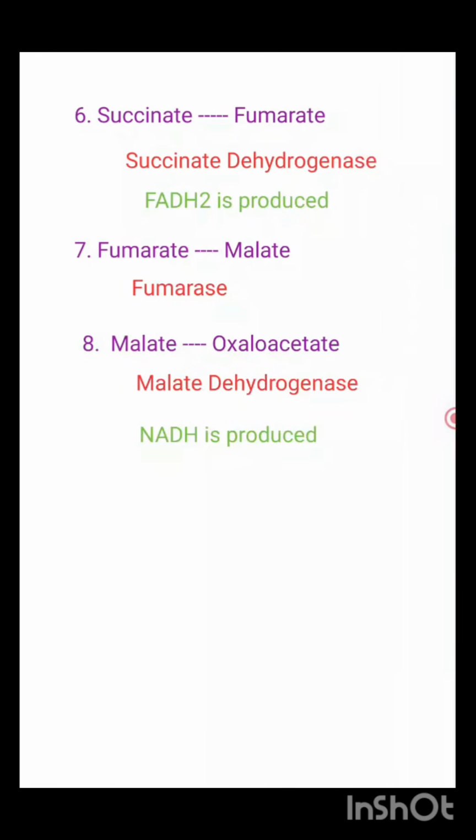Step 6 of the TCA cycle involves the conversion of succinate to fumarate. What are you supposed to know about step 6? FADH2 is produced. Remember, one of the products that we talked about in the beginning is produced in step 6. And the enzyme here is succinate dehydrogenase.